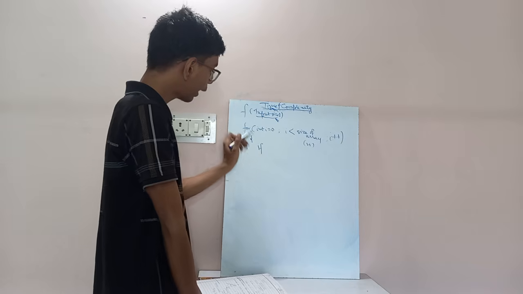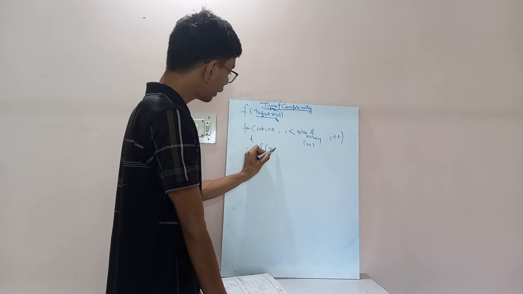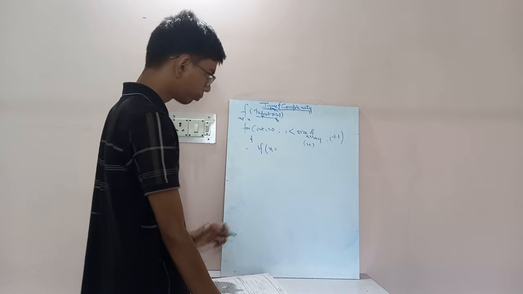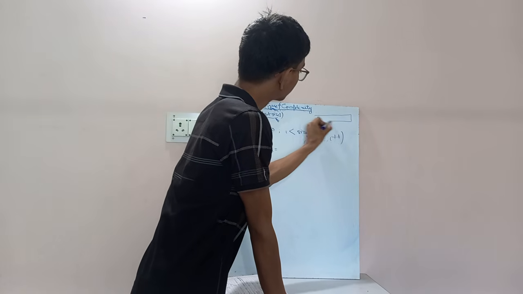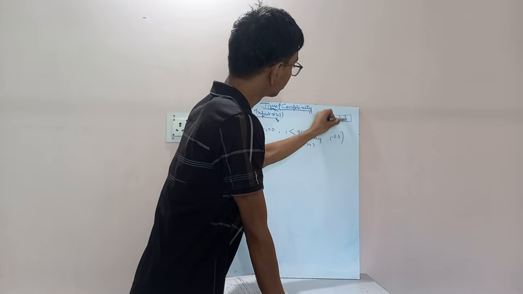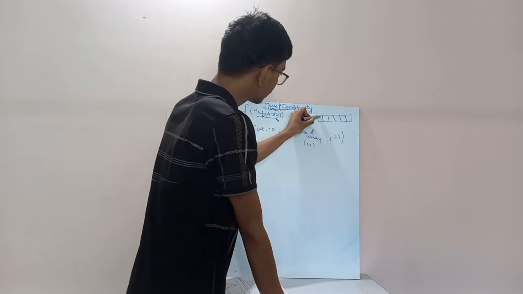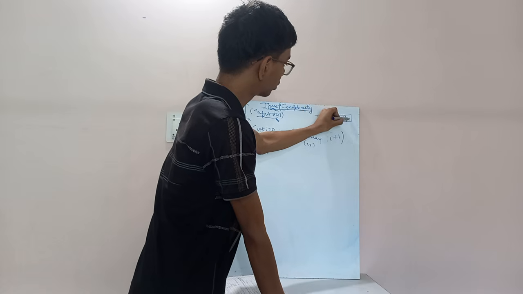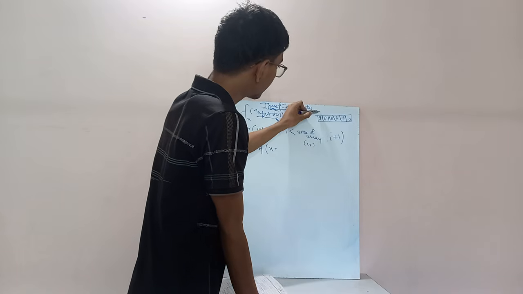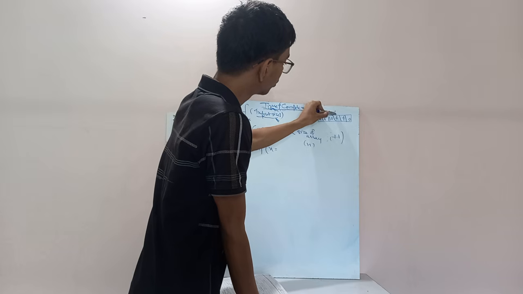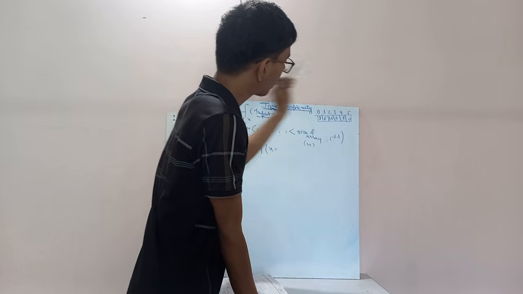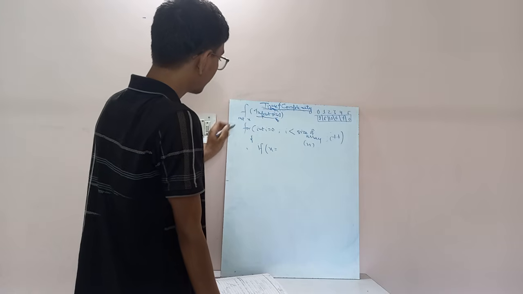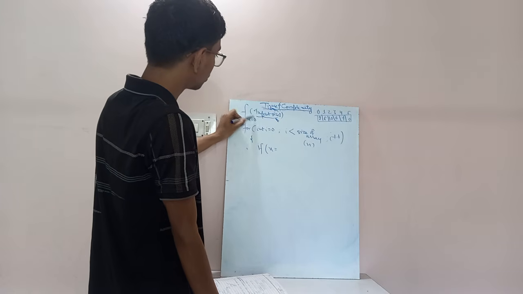So if at any time I get my element, suppose this is my array and I have elements 9, 8, 10, 6, 4, 0. Right, index starting from 0 to 5. So suppose I want to search for 0.